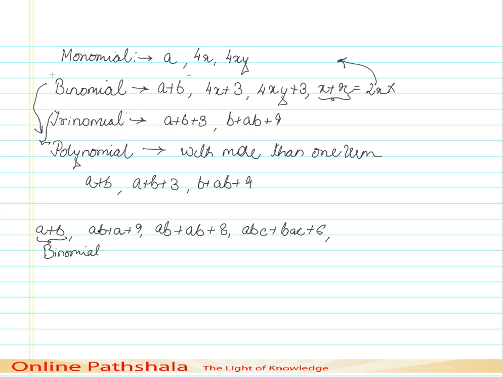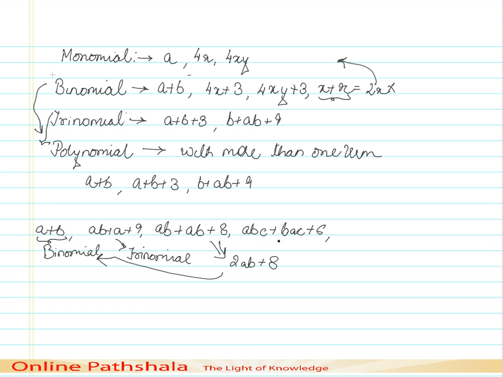Now here it's ab plus a plus 9. As there are three terms in it, it is considered a trinomial. Here in this example you can see AB plus AB, but AB and AB are both like terms. So this expression becomes 2AB plus A and therefore is considered a binomial.